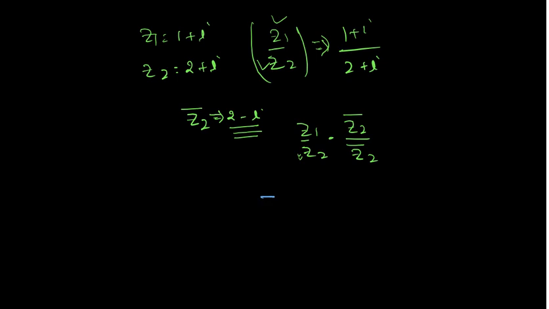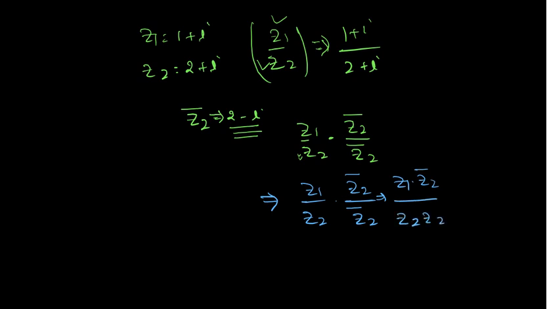So in that case what will happen, z1 divided by z2 into z2 bar divided by z2 bar. Okay, or you can write z1 z2 bar divided by z2 z2 bar. So actually your z2 bar here will be 2 minus i, because i will be changed to minus i. So if you calculate z2 z2 bar, you see what you will get, 2 plus i multiplied by 2 minus i.